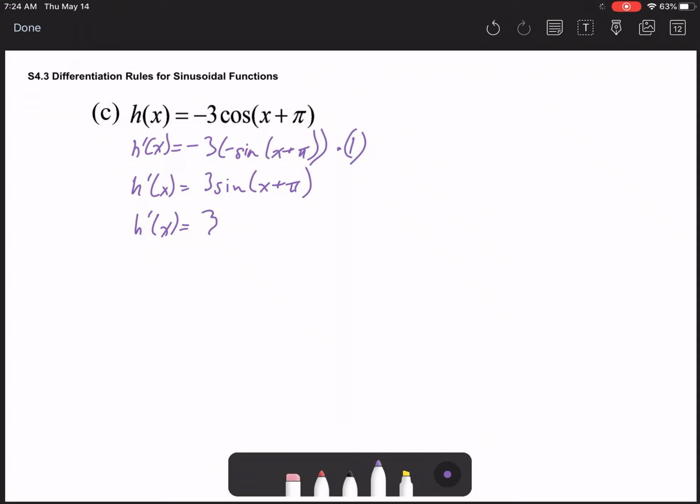Okay, just so you guys remember, sine of a plus b is equal to sine a cosine b plus sine b cosine a. So this is sine x cosine pi plus cosine x sine pi.